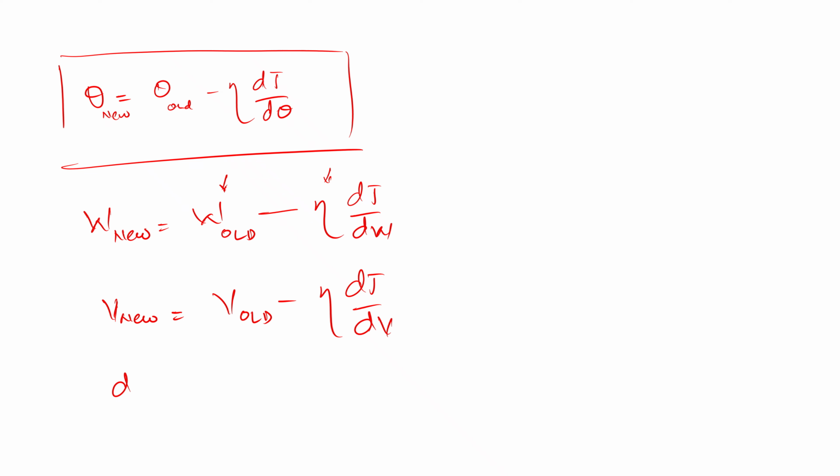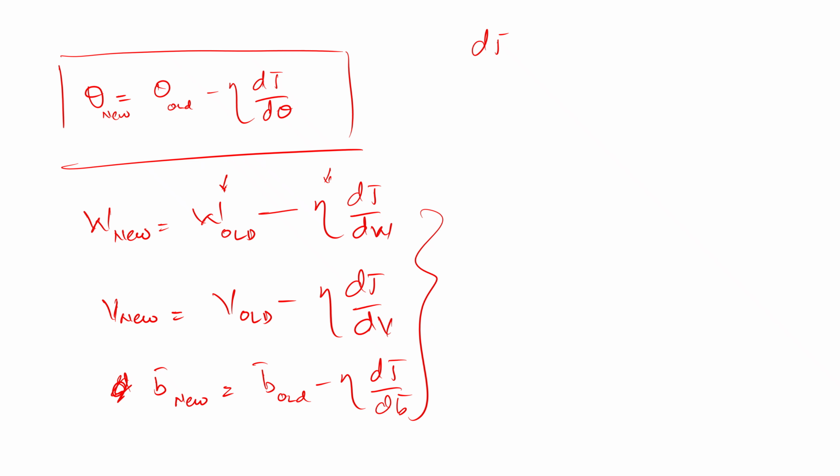Similarly, if we have the output biases and we want to train that as well, so b bar new is equal to b bar old minus eta dJ by db bar. We calculated all these three parameters. I didn't calculate the loss function derivative with respect to the input bias, but its process is the same. We have to apply the chain rule and derive this, because we know that z is equal to wx plus b.